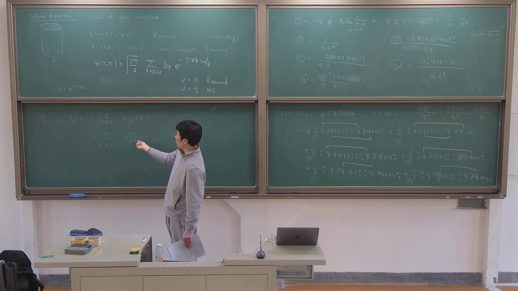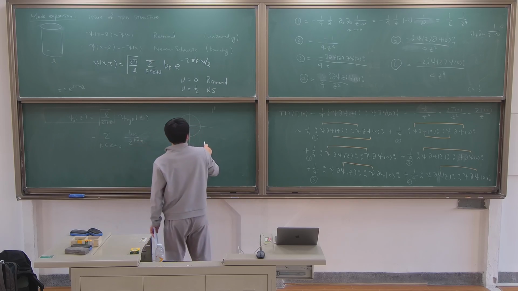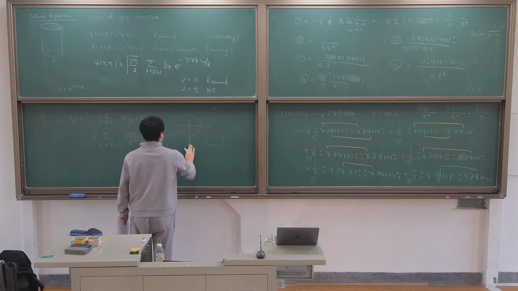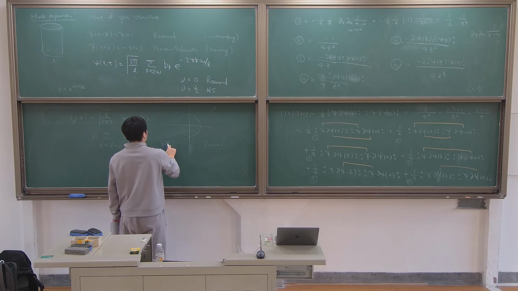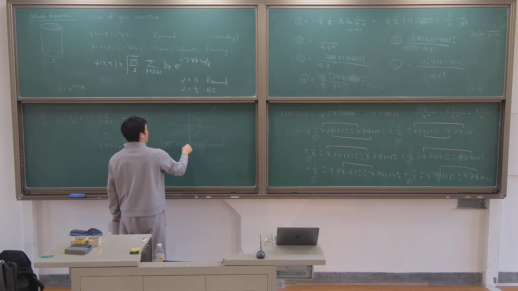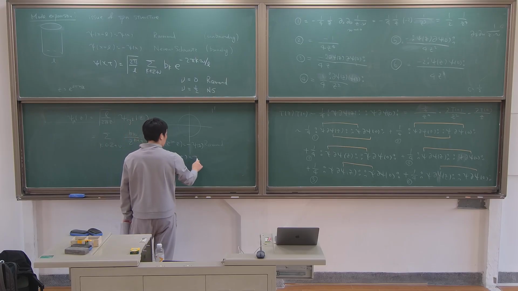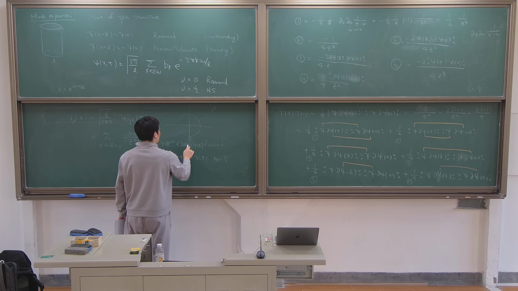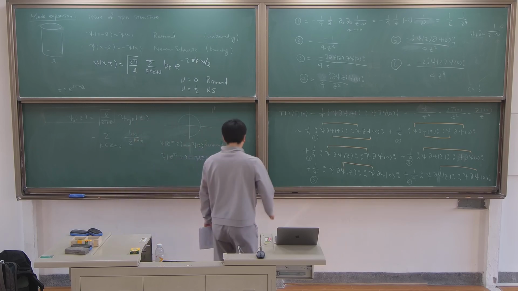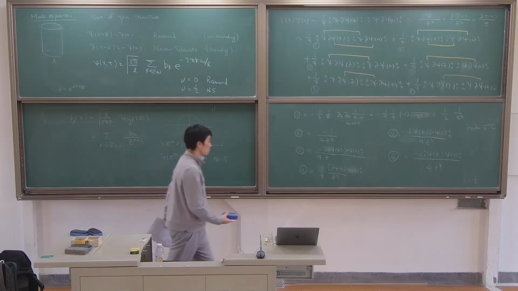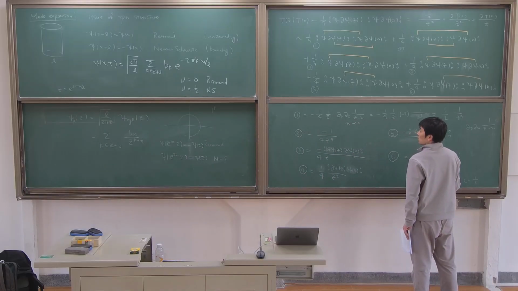So now, since you have a 1/2 shift, which means the Ramond sector has e to the minus psi z. So you now have minus signs for Ramond.